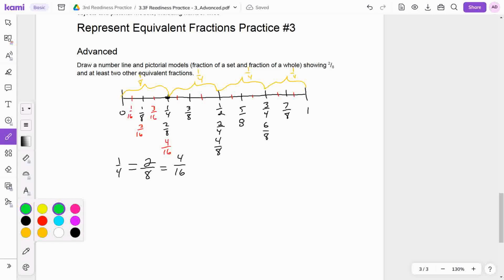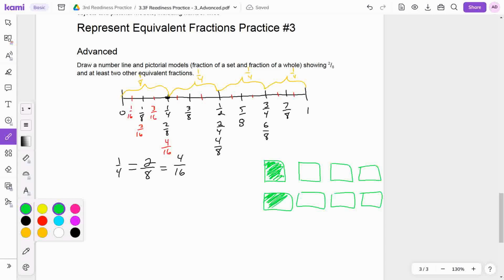So what I want to do is I want to show you 2/8. And so let's just do this. I'm just going to draw an array. And that's going to be my fraction of a set. So I'm going to go ahead and shade this in. All right, so there is my 2/8.